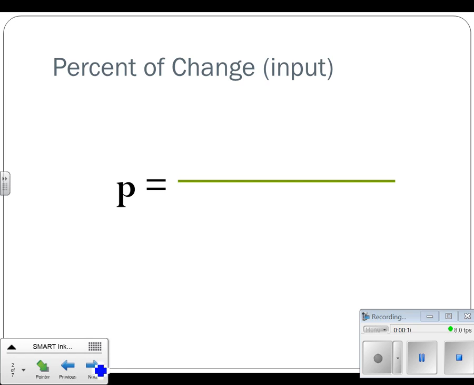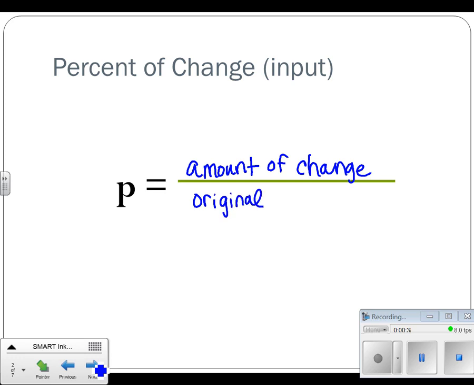The formula that we're going to be using: P, for percent of change, is the amount of change divided by the original amount.